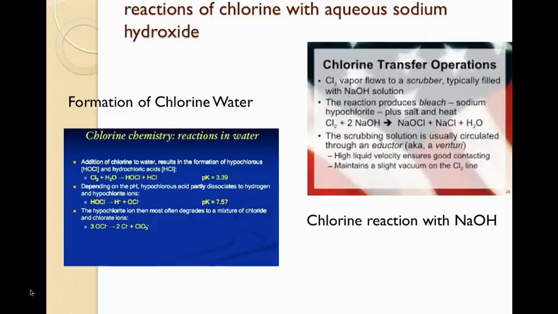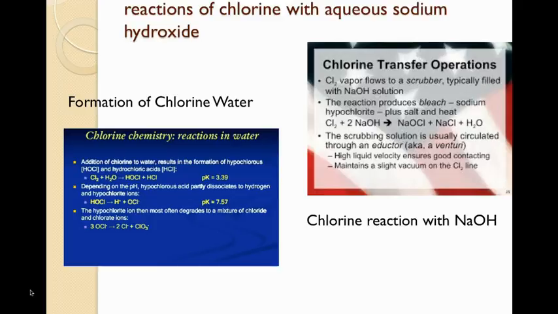And over time, the hypochlorous acid can partially dissociate into hydrogen and hypochlorite ions. And then the hypochlorite ion can further change into both chloride ions and chlorate ions. Again, this is an entire area of science called chlorine chemistry.